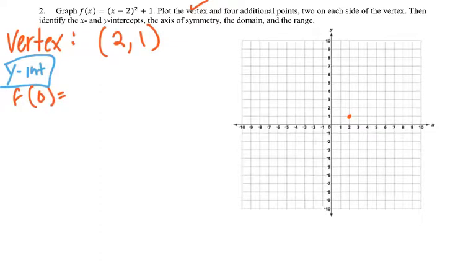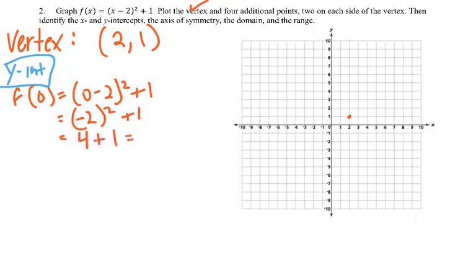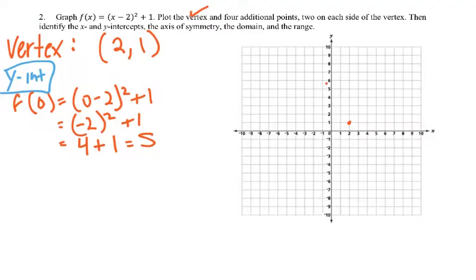F of 0, we end up getting 0 minus 2 squared plus 1. That equals negative 2 squared plus 1, which equals 4 plus 1, which is 5. So our y-intercept is 0, 5.